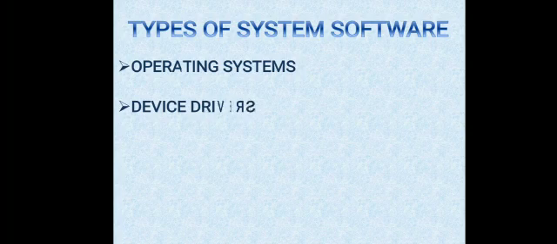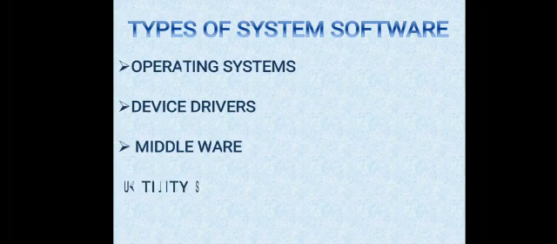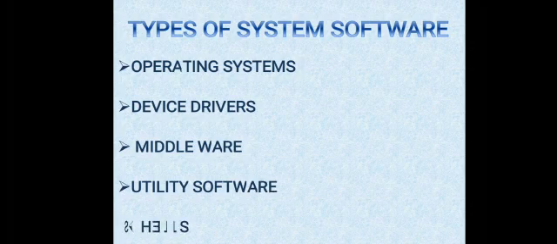Okay, first one is operating system, second type is device driver, third one middleware, fourth one is utility software. Okay, and the fifth one is what? The fifth one is shells. Okay children, so these are all the 5 types of system software.